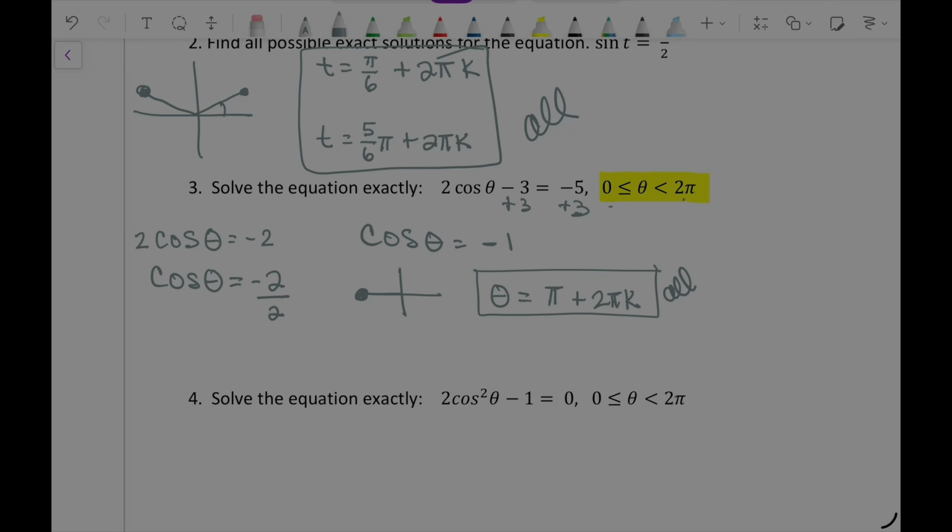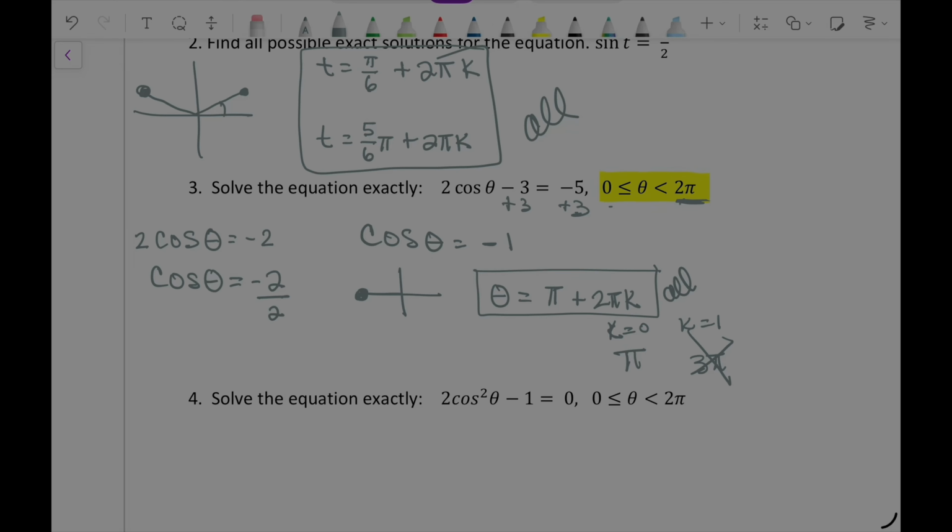Well, I can see when we get more complicated with our equations, we're going to put in different k values. If k is 0, for this equation, we will get pi. If k is 1, we're going to get 3 pi. Well, that's greater than what we want, so we're out. That one we're not going to count.